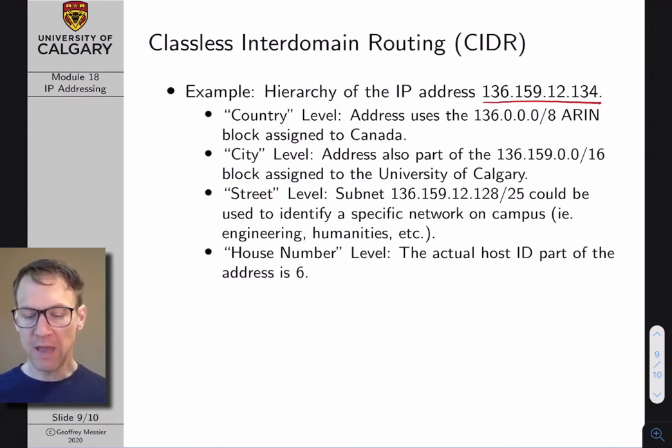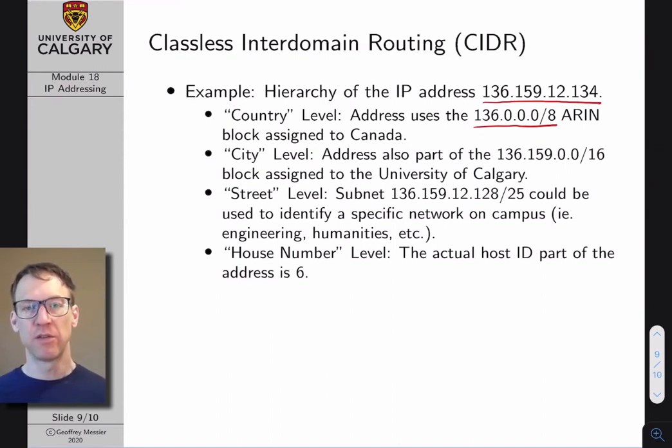If you look up this address on the ARIN website, you will see, first of all, that the first byte, the first 8 bits of this address, belong to an 8-bit network ID that has been assigned to Canada. So the network ID 136.0.0.0/8 is a block of IP addresses that are assigned to Canadian computers. And you can think of this as the country level hierarchy in our address.